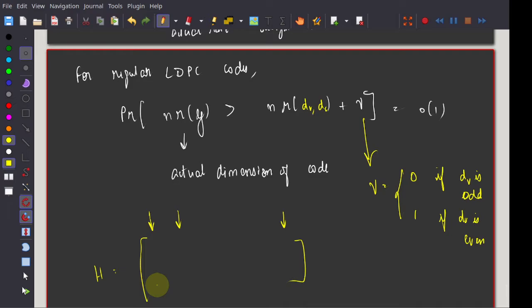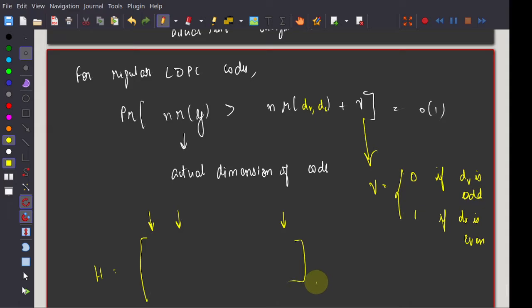It would be even parity, correct? Which means that the rows are all linearly dependent. All the rows cannot be linearly independent if you choose dv to be even. So the actual dimension is either the design dimension or one more than it.